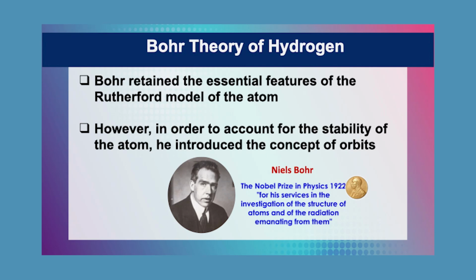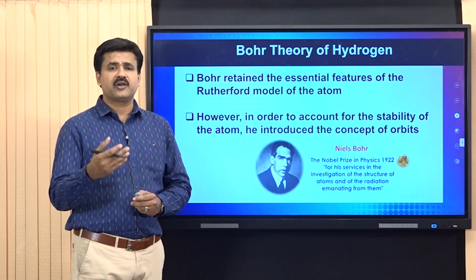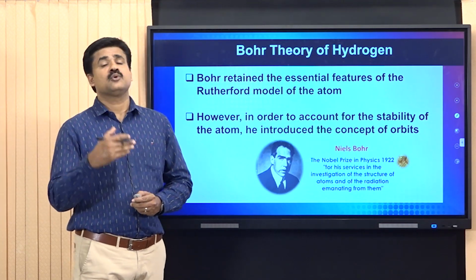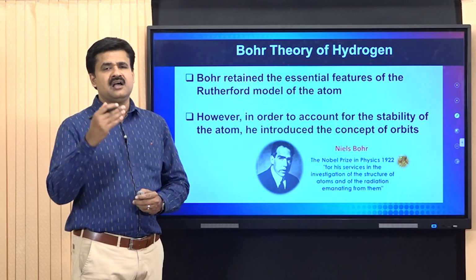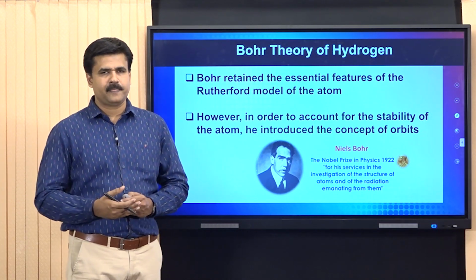Bohr retained the essential features of the Rutherford model of atom. Previously, the Rutherford model came into existence, and the drawbacks of the Rutherford model led to a new model, that is Bohr theory.